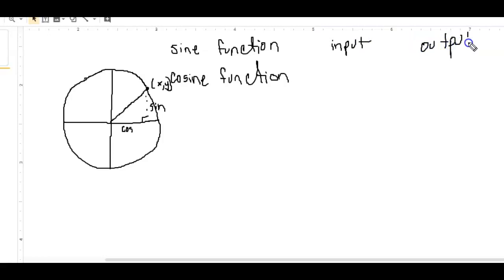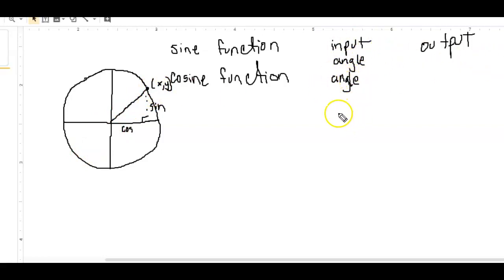So if we think about the sine and cosine functions, for sine and cosine both, the input is the angle that we're talking about. Remember, we always had this associated with an angle. So what is the sine of pi over 6? Or the sine of pi over 4? The sine of 60 degrees or 180 degrees, the input is the angle of the function.